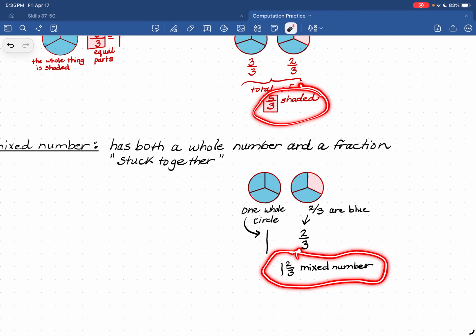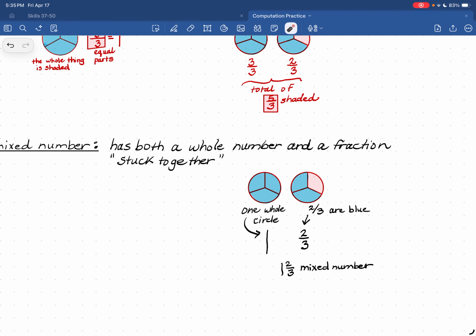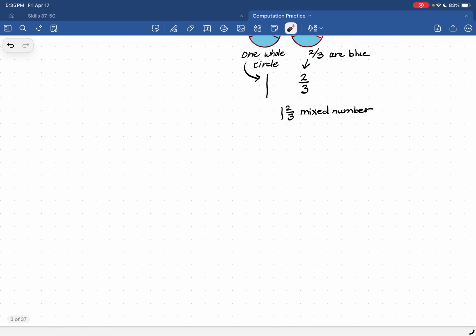Every mixed number has an improper fraction, and every improper fraction has a mixed number. And on the next page, we will look at the mathematical way to do this. But for right now, I just want to show you one more picture.